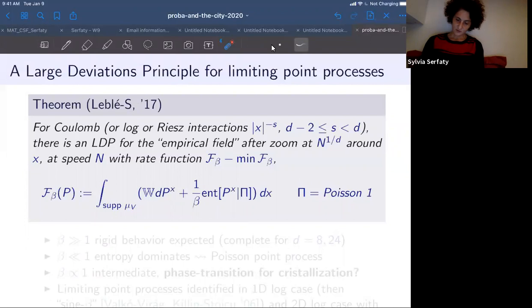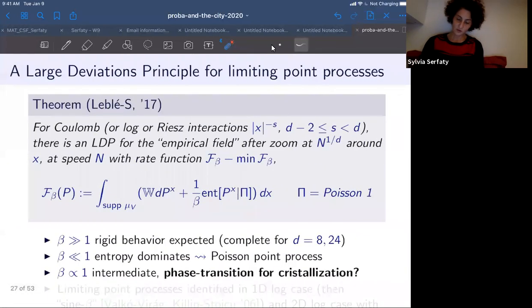You take your point process centered at X, and then you average over X, the centering point, and you have the sum of W plus 1 over beta relative entropy of Px with respect to Poisson. So there's the competition between the two.